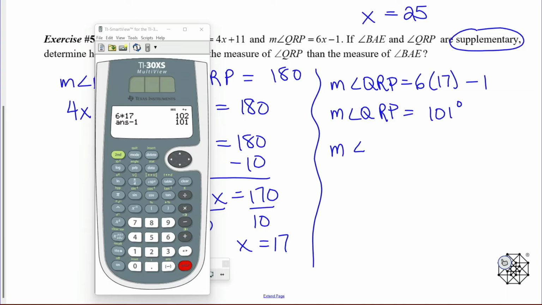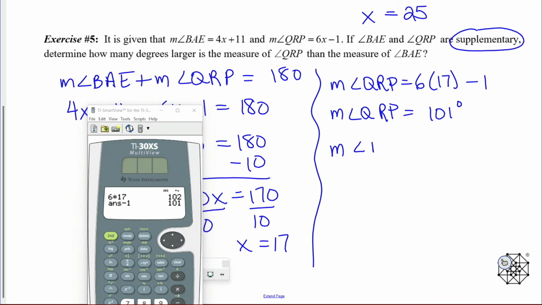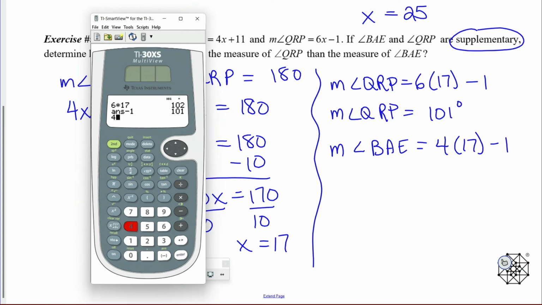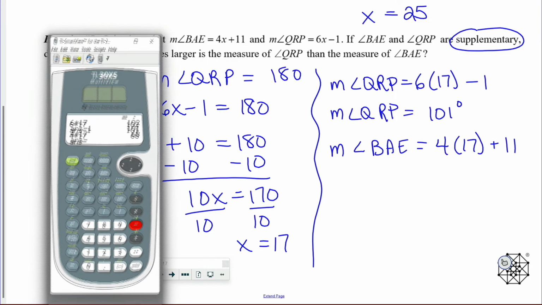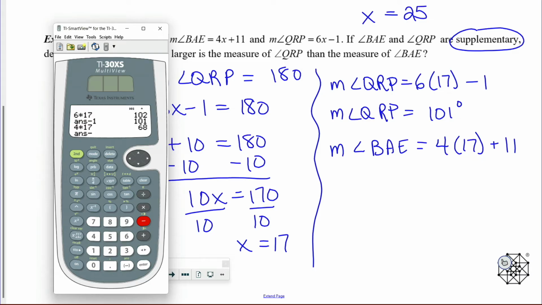Now the measure of angle BAE is going to be 4 times 17 plus 11. Boy, I tell you, 4 times 17 plus 11. So we'll just do 68. 68 plus 11. Here we go, 79.